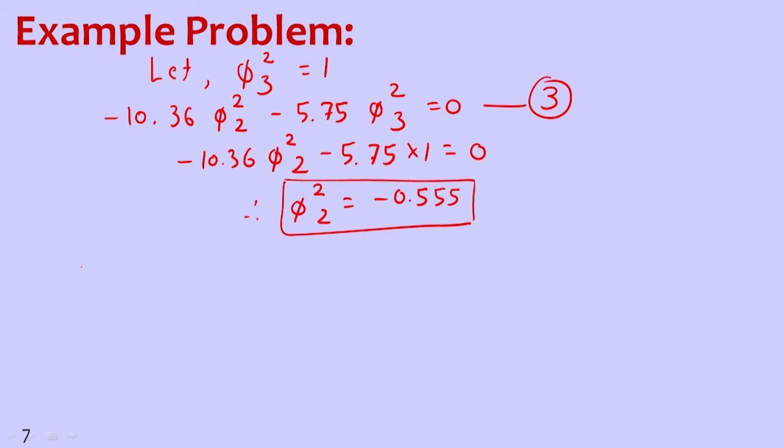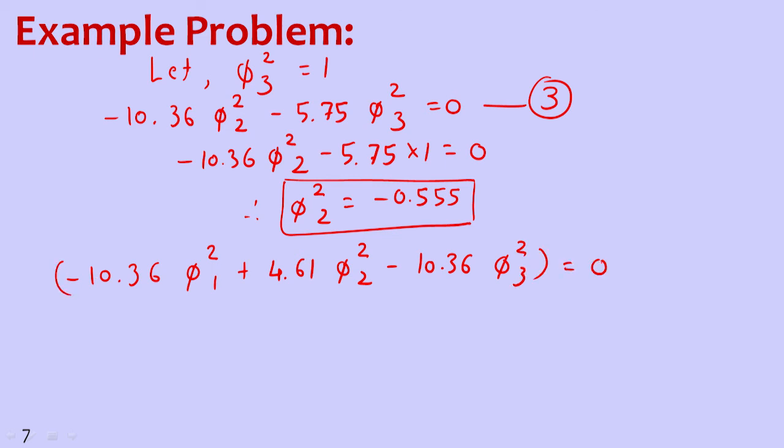Similarly, let us write equation number 2, which is nothing but 10.36 521 plus 4.61 522 minus 10.36 523, this entire bracket, is equal to 0.